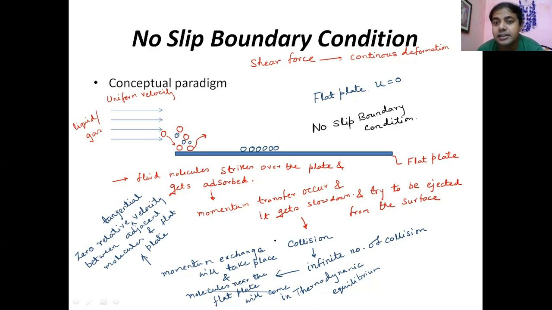If the collision is perfectly elastic, or some elastic collision, then the molecule might have some normal component.